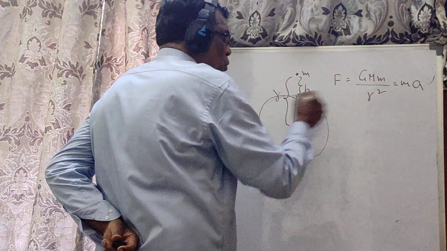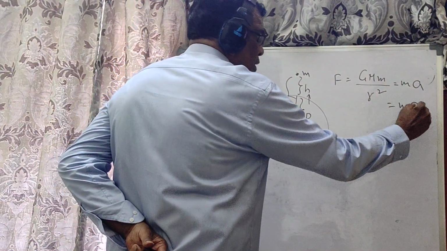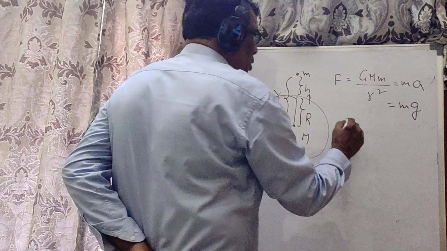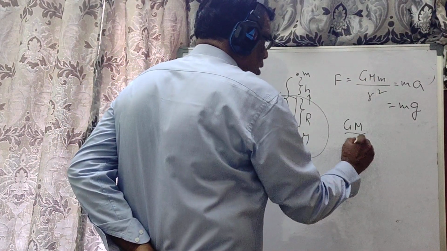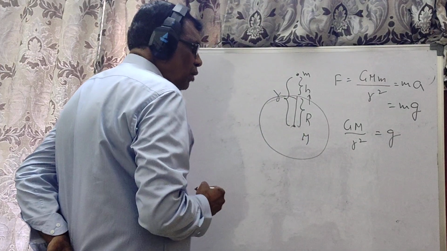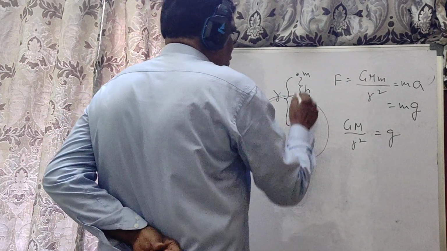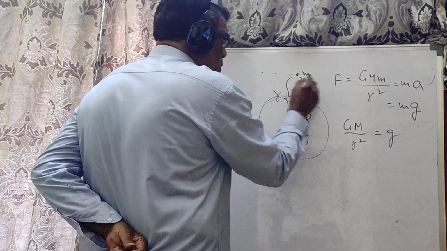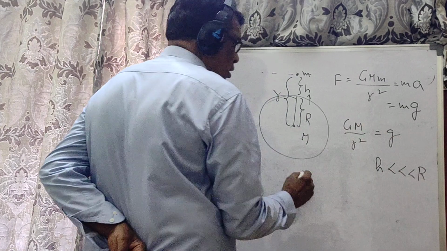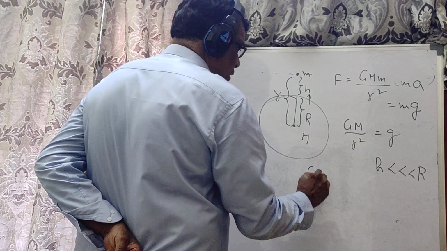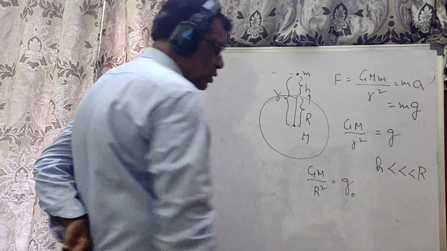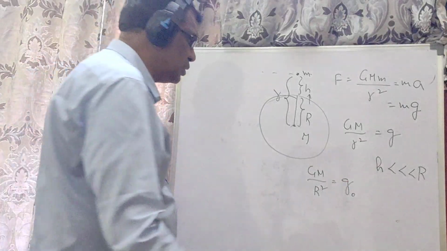Since it is due to gravity, this is given a symbol called g. Therefore, GM by r square is equal to g. Now, if you talk of very close, if h is far less than r, you may take it as GM by r square, that is equal to g naught.